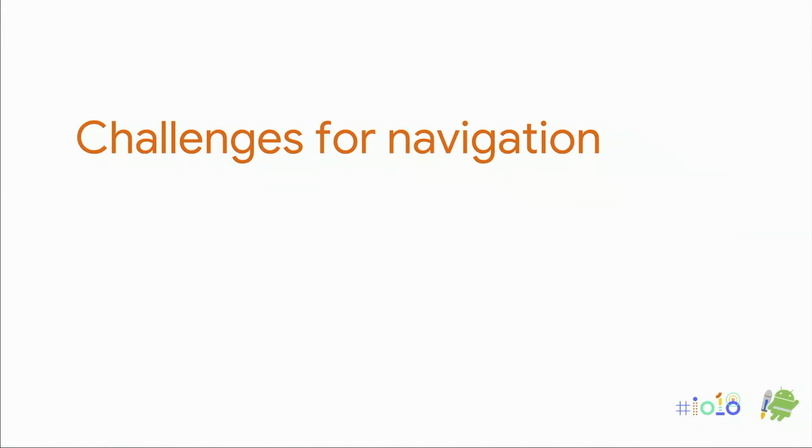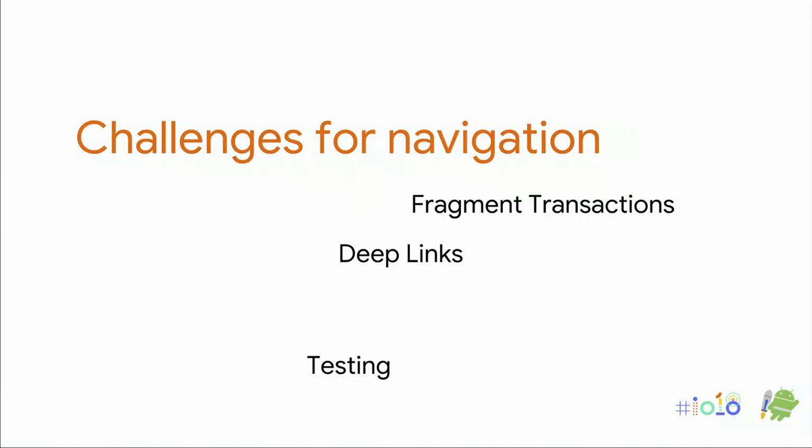Those range from how to commit fragment transactions, hopefully without throwing an exception, how to test that navigation is happening correctly and that the right things are happening when navigation occurs, how to map deep links to various places in your app, and how to keep those deep link schemes up to date as your app's navigational structure changes.